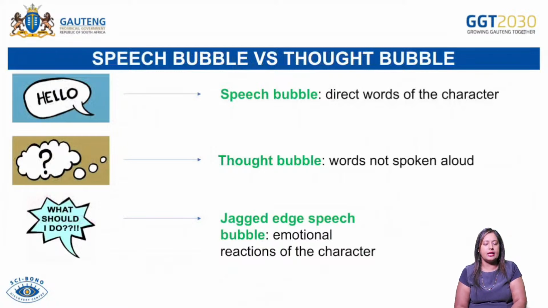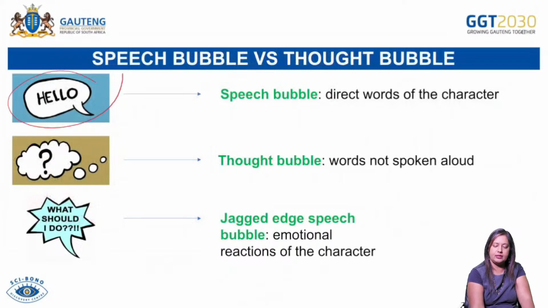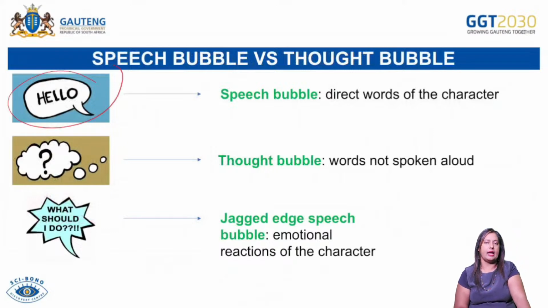Then, here is the important information about the cartoons. Do you recognize that there's a speech bubble that would be looking like that? All right. It's the direct words of the character. Then remember, we can have a spin-off from this where we would say to you, rewrite the sentence found in the speech bubble in frame 1 in the indirect speech, for example, or the reported speech.